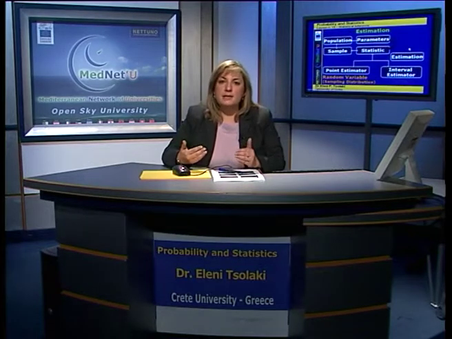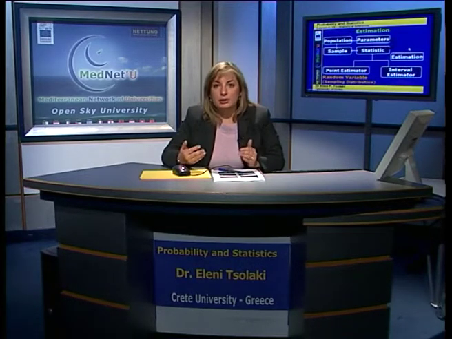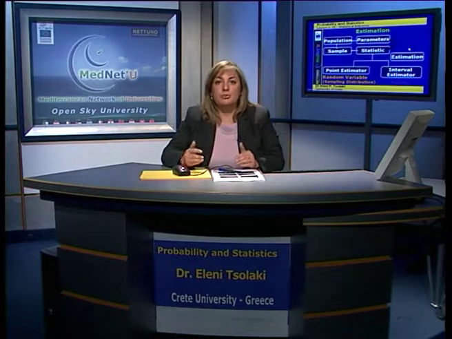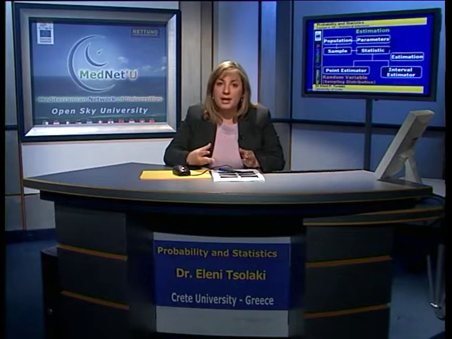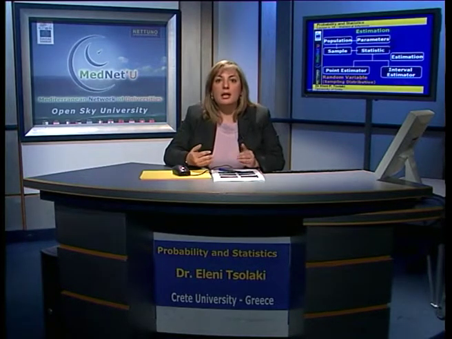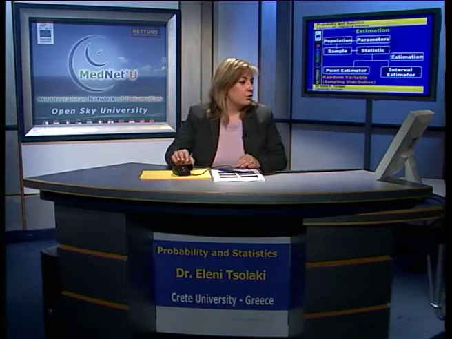What we do is that, because of course we cannot calculate the parameters, we do not have the population, we've got the sample, we calculate the estimators, we calculate what we think would be our parameters, and from these we are going to draw conclusions for our population.